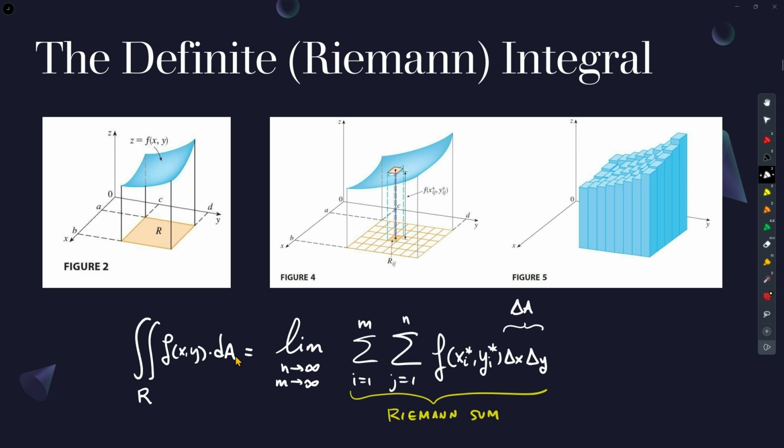That indicates the volume under the graph, if the graph is some positive function in that region, and this is the Riemann integral in the two variable case.